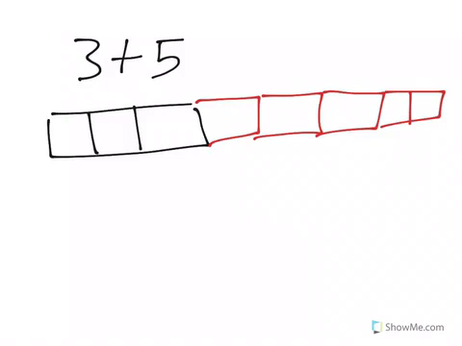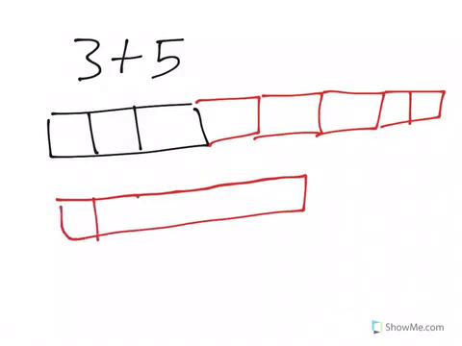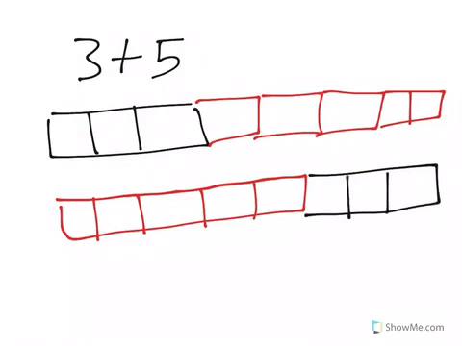Now, how would this look if it was supposed to show 5 plus 3? Well, then you'd have 5 red, 1, 2, 3, 4, 5, and you would add on your 3 black.